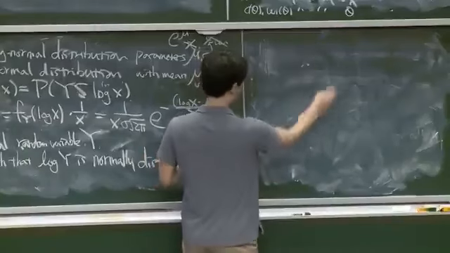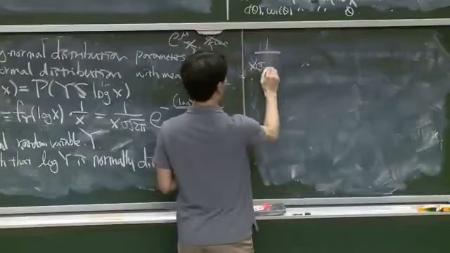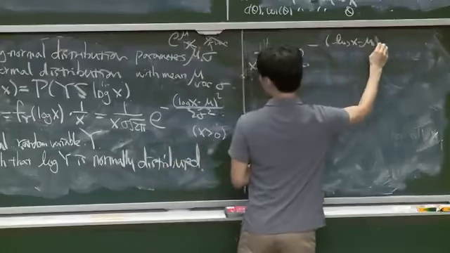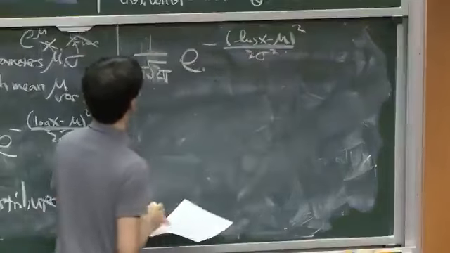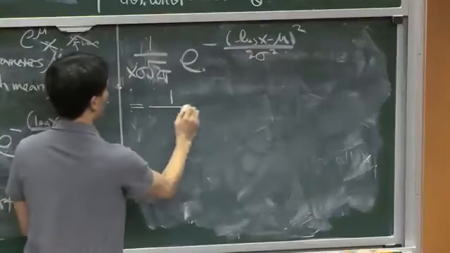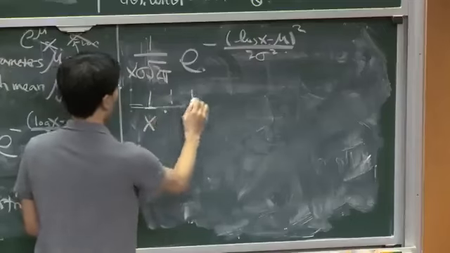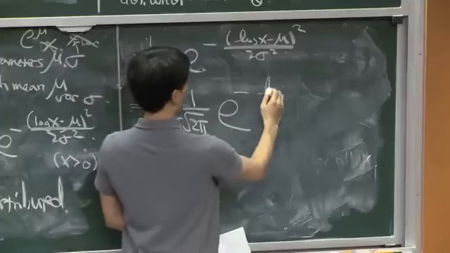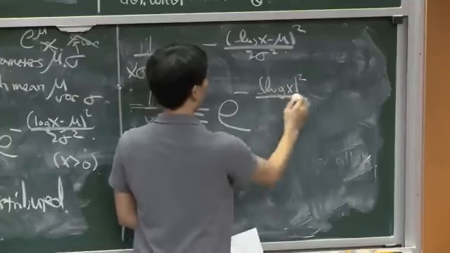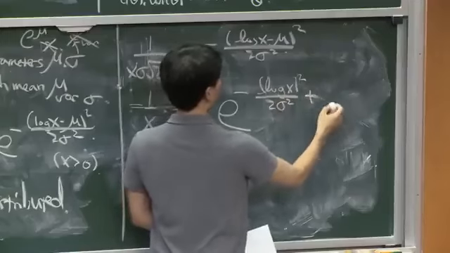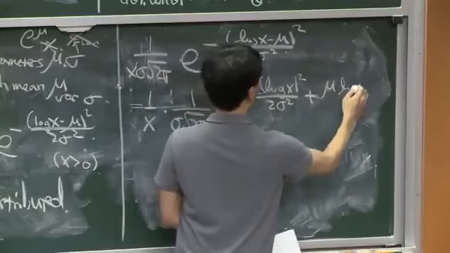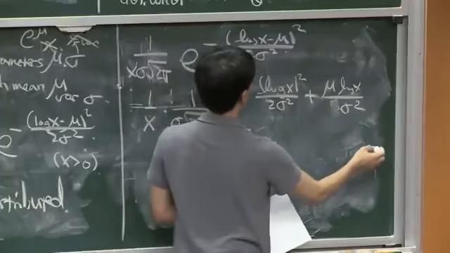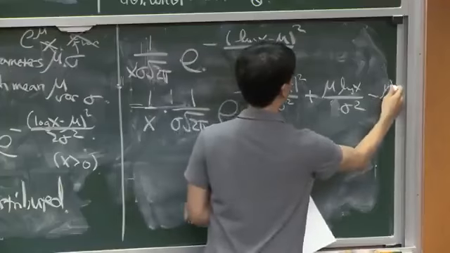Before that, let's just rewrite this in a different way. 1 over x sigma square root 2 pi e to the minus log x squared can be rewritten as 1 over x times 1 over sigma square root 2 pi e to the minus log x squared over 2 sigma squared plus mu log x over sigma squared minus mu squared.